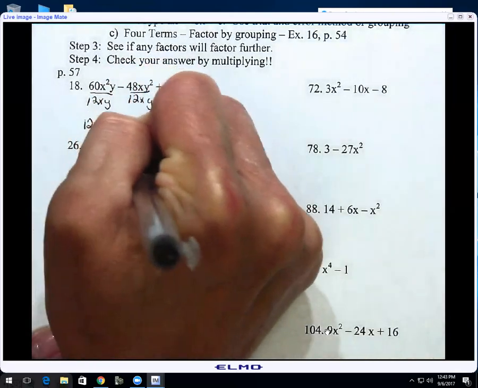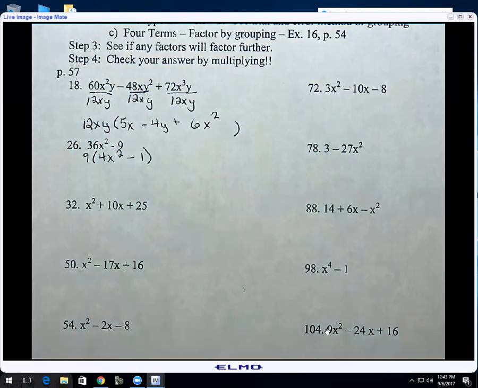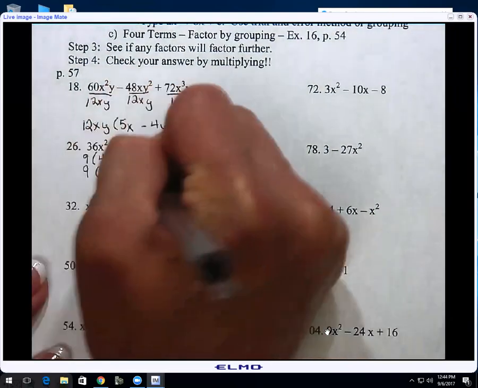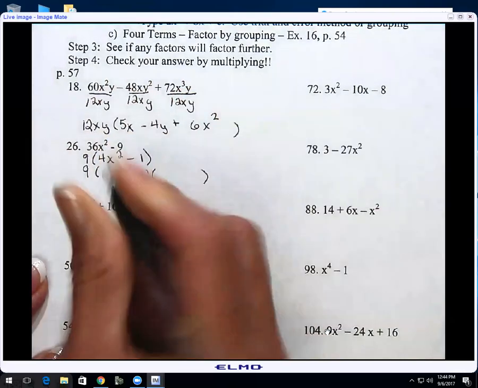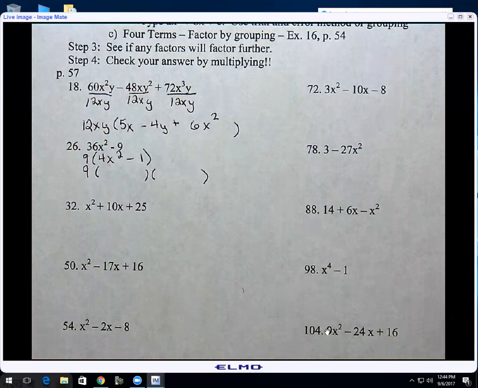If you factor out a 9, you're left with 4x squared minus 1. And that's still the difference of two squares, because it's two perfect squares that are subtracted. What does that factor into? 2x plus 1 times 2x minus 1.